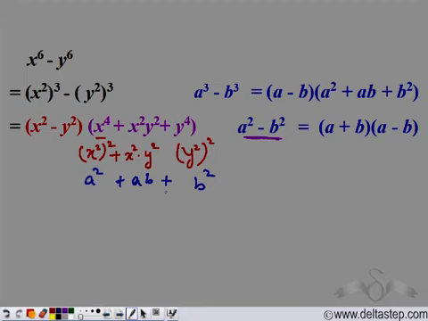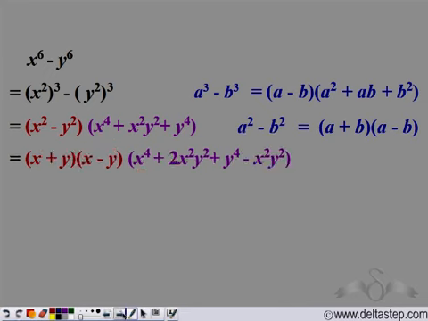Now if we add and subtract an ab from here, we get 2ab, and we have to subtract an ab because we are adding an ab term here. So this part is of the form a plus b whole square, and we are left with a minus ab here.